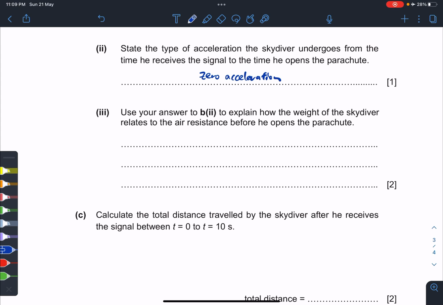So the zero acceleration is supposed to relate the weight and air resistance. So what happened is basically that the air resistance is basically equal to the weight. Air resistance and weight are the same, because this will result in no resultant force.